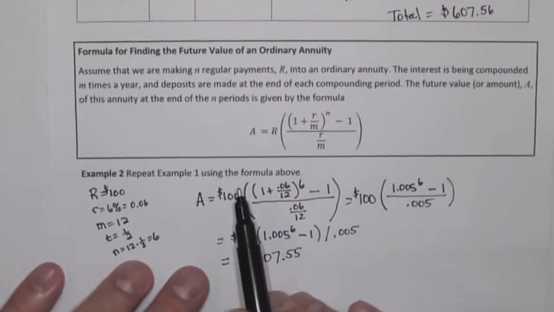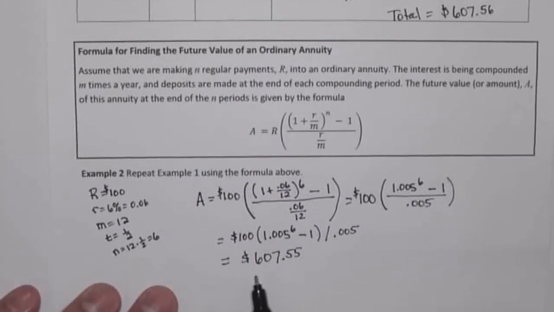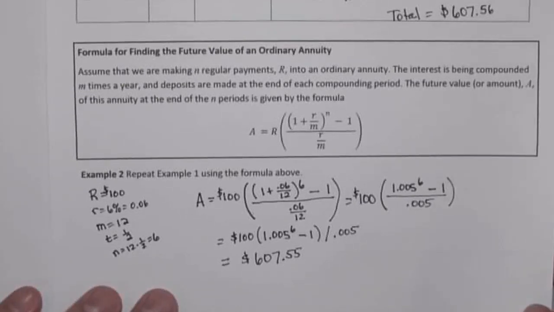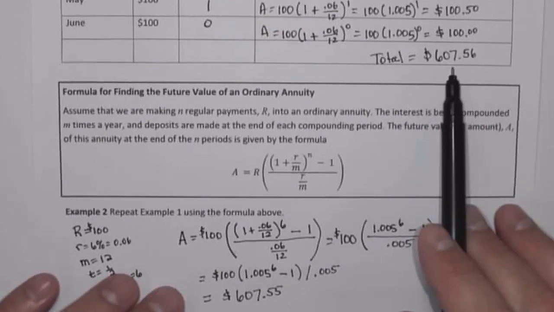So after the 6 months, at the beginning of July, these payments will be worth $607.55. Again, what I've done is put in 6 different payments of $100. So I've put $600 into the account, and at the end of the 6 months, it's worth $607.55.